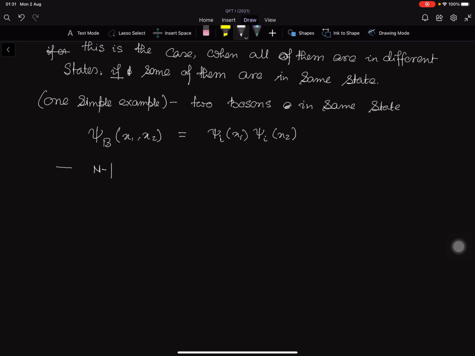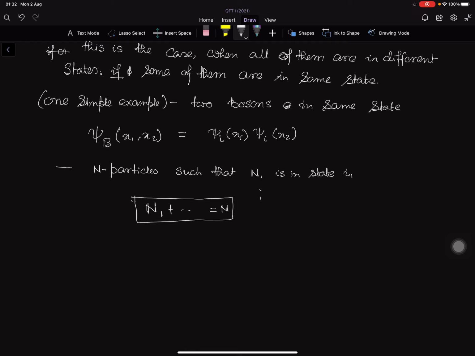Okay. Now let's discuss the case when n particles are such that n1 are in state I1 and so on. This sum is basically the total number of particles, but in such a way that some of these particles are in the same states.